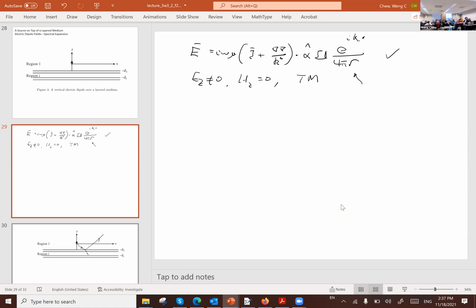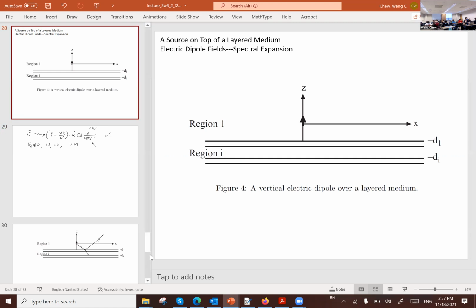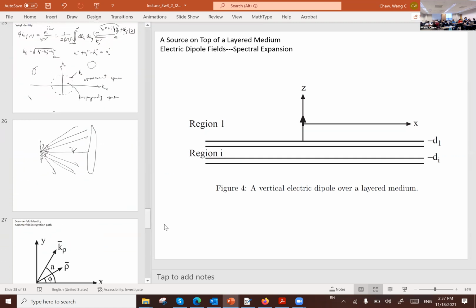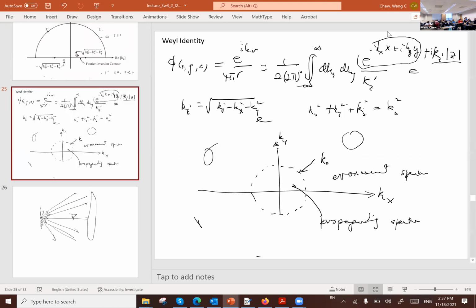And then it turns out that there's one other thing that you can do, which is that if you have this Weyl identity that we derived earlier, you can also express this integration, which is in Cartesian coordinates, in cylindrical coordinates. And if you express this integration in terms of the cylindrical coordinate system, it becomes a lot simpler.